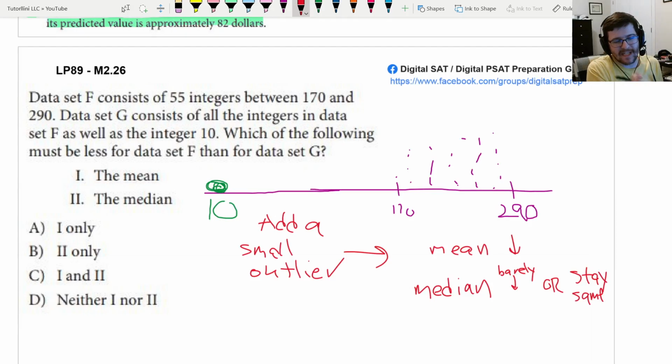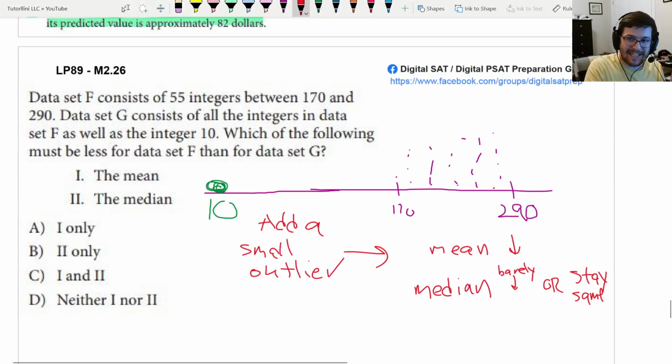So the median is either going to move just a teensy bit in the same way the mean did, or it's going to stay the same. If you don't know those numbers, you don't know for sure, you would have to check. You would have to see, is it going down or is it staying the same? So you don't know for sure.